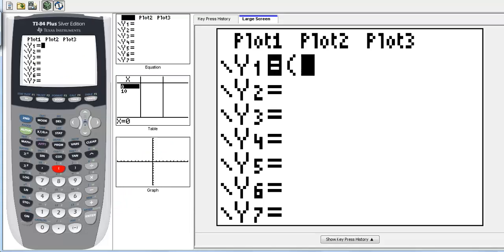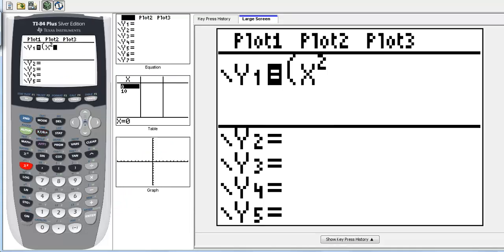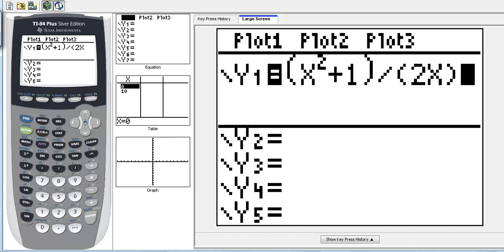So I'm going to put parentheses x squared plus 1, close parentheses, and this is all divided by parentheses 2x. The reason I put parentheses around this, I want to reemphasize that when you're typing in division, we want to take the whole numerator, x squared plus 1, divided by the whole denominator. So if you're ever unsure, it's best to go ahead and use parentheses.